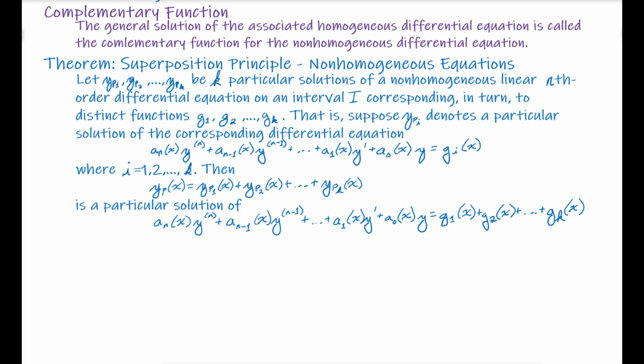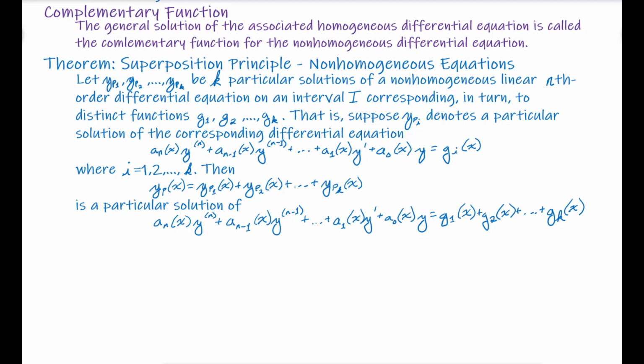That's our non-homogeneous differential equation just set equal to that g sub i of x function, where i can be anything between 1 and k. It could be any of those distinct functions that we're setting it equal to. Then y sub p of x equals the sum of all of my subscripted y sub p's.